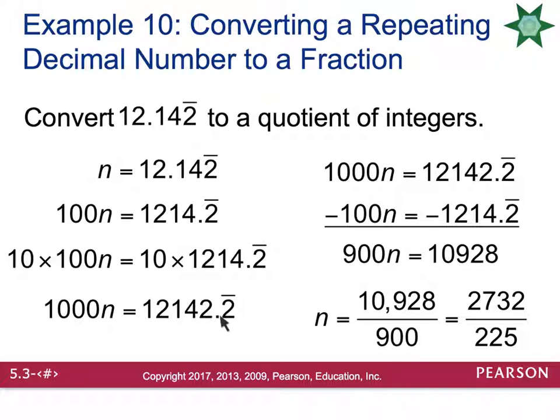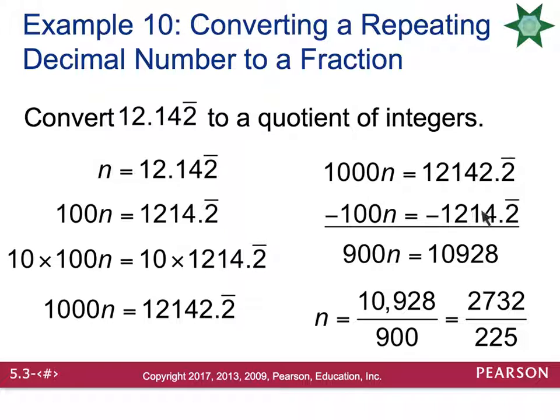So now we're talking about 1,000n, where we have the same repeating pattern, but now we moved the digit over 1. So we have 1, 2, 1, 4, 2. Now if you take this 1,000n minus this 100n, that 0.2 repeating goes away.